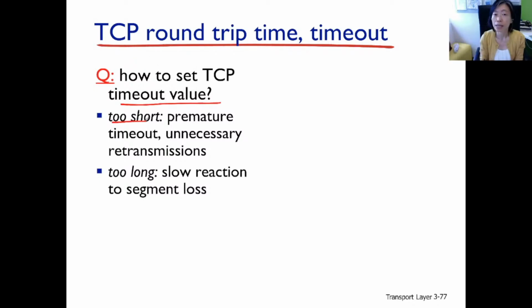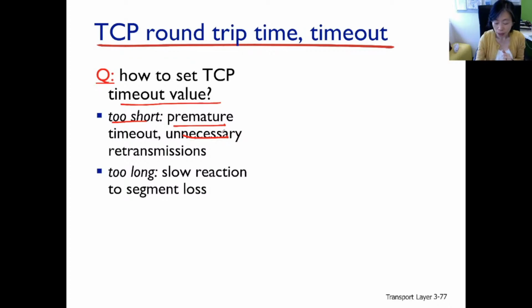We know already from some earlier example, if that timer is set too short, a packet can sometimes travel the internet a bit longer than usual. If that timer is too short and expires, then the retransmission right before the ACK arrives back is unnecessary and premature. That is not a good thing in terms of bandwidth consumption.